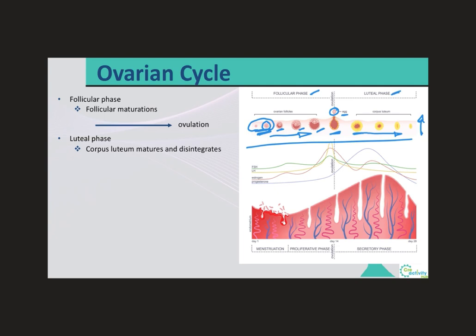Now, the corpus luteum eventually degenerates into fibrous scar tissue called the corpus albicans, and albicans means white, so a white body. Finally, the disintegration of the corpus luteum will mark the end of the ovarian cycle, and a new ovarian cycle then begins with the activation of another group of primordial follicles. In fact, another ovarian cycle begins immediately.